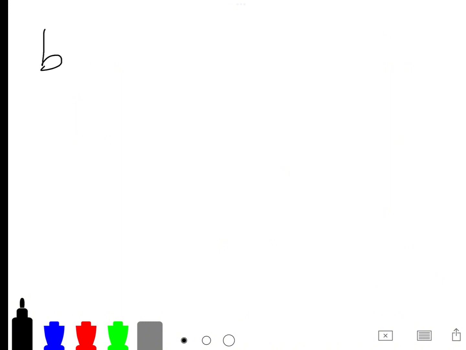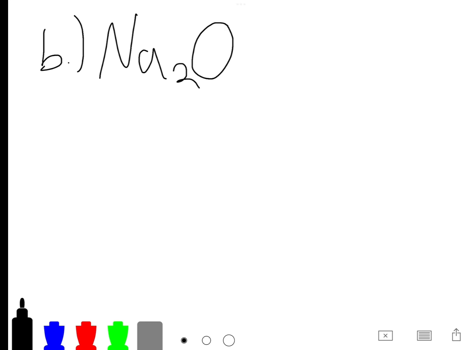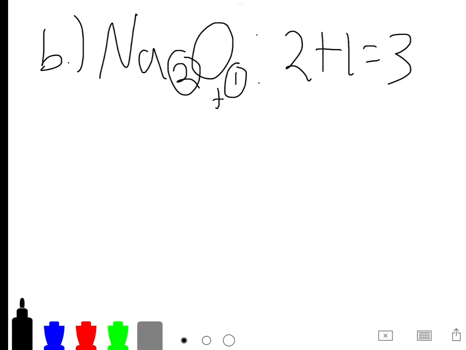B, same thing. We got Na2 and oxygen with an understood 1. So you just add 2 and 1, and you have 2 plus 1 equals 3. So you have 3 total atoms.